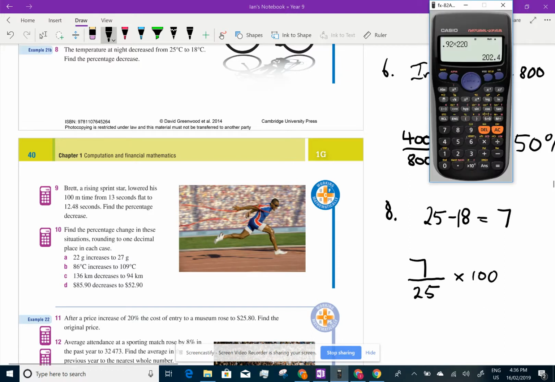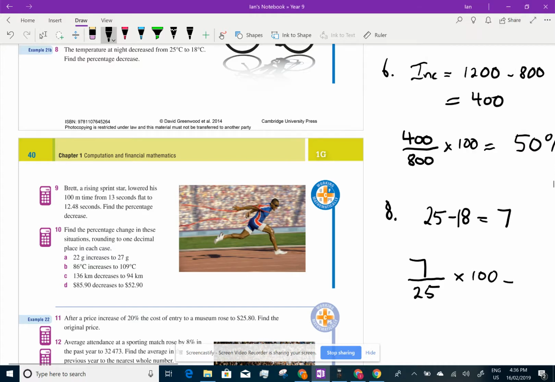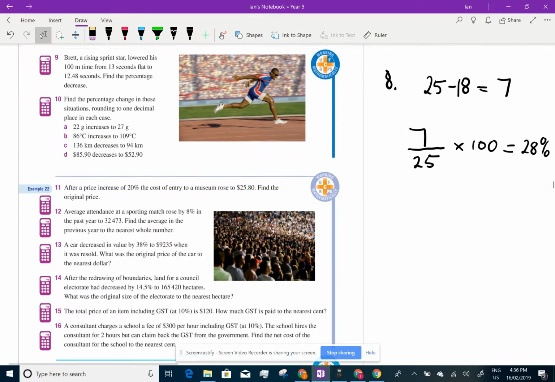Calculator, 7 divided by 25 times 100 is 28% decrease. All right? So you should be able to do 9.